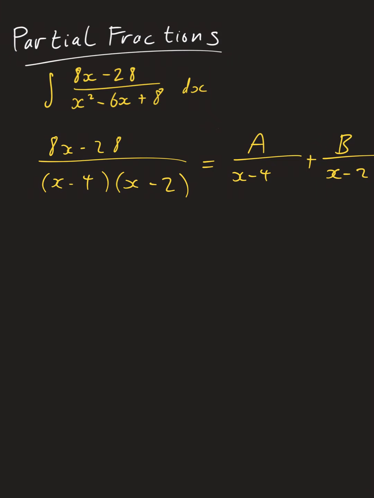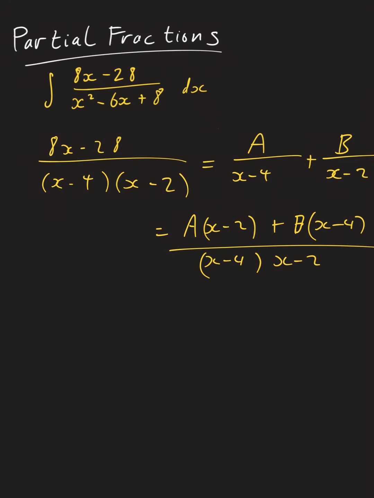So if I add up that thing on the right, what I get is a times x minus 2 plus b times x minus 4 over x minus 4 times x minus 2. So I've added up there with a common denominator, and that common denominator is the denominator that we started with on the left.